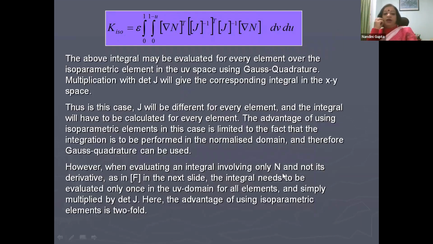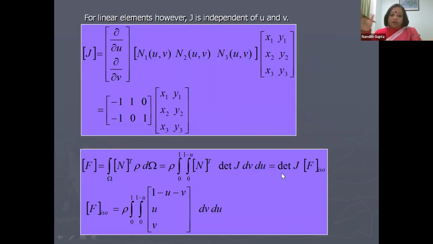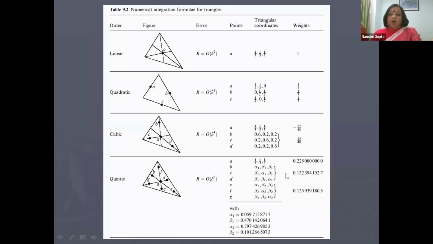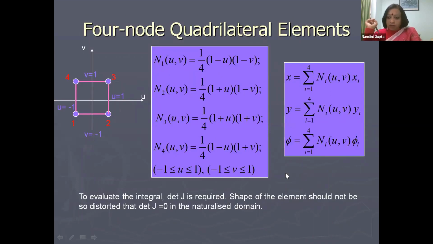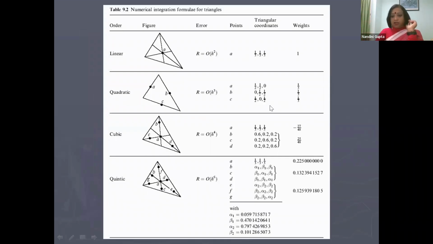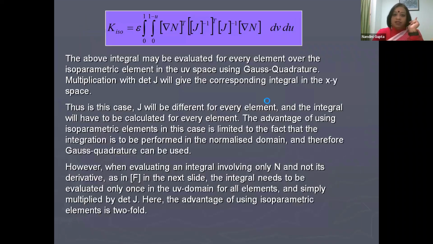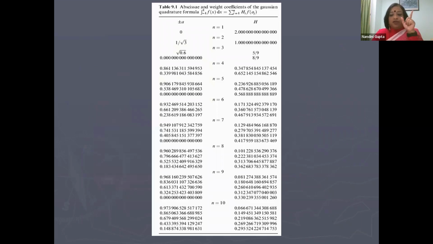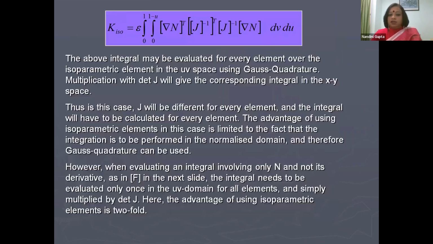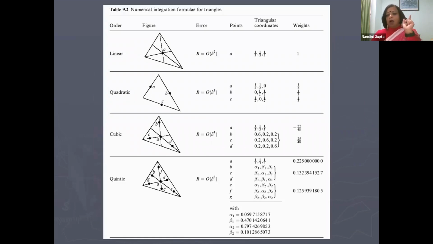In the next class, I will discuss a little more about obtaining the stiffness matrix, and I will go on to 4-noded quadrilateral elements. And then afterwards, I will come back to the numerical integration. But what you must remember is that you cannot use the table that I had just given you for integration over linear triangular elements because the bounds are completely different. So I'm also going to give you a different table, but you will also have to know how to use that table, which we will discuss in a later class.